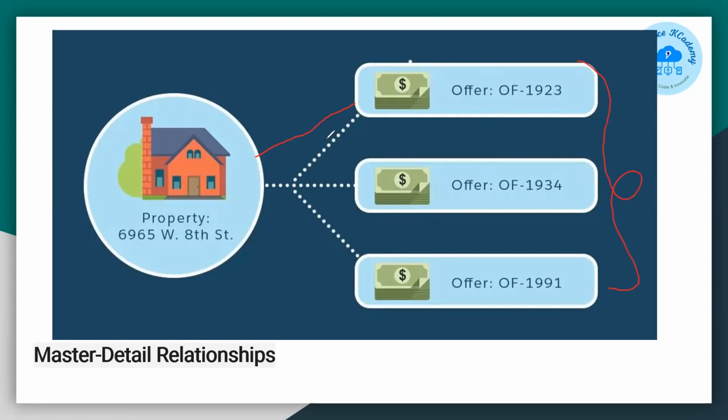If this property, suppose record 6965, is no longer existing in our database, what is the use of these offers? No, right? In that case, whenever there is a deletion of a property record, the offers that are associated with the property should also be deleted.